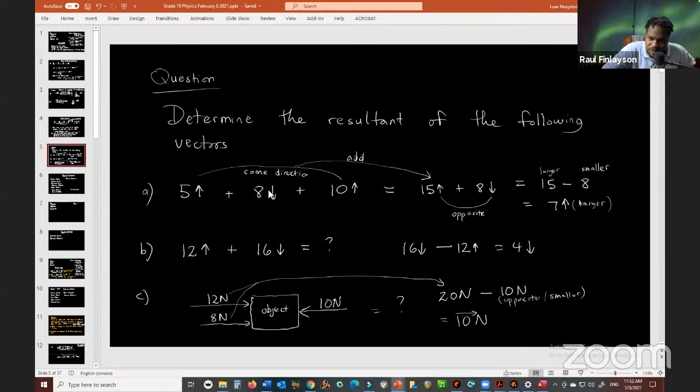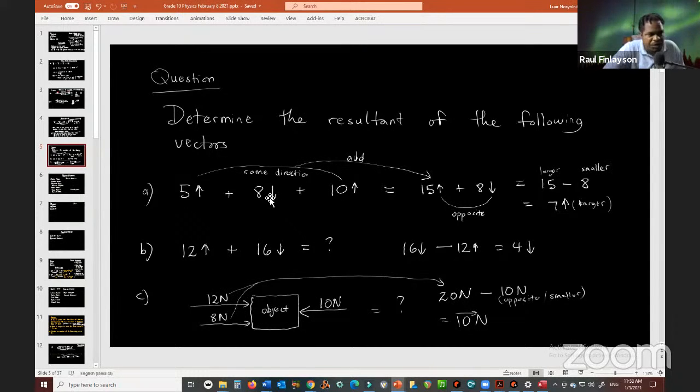I'm adding these vectors, but notice that with anti-parallel vectors, you're going to have at least one vector that is going in the opposite direction to the others. So like this 5 is going up, this 8 is going down, and this 10 is going up. What we do in this case is add the two vectors going in the same direction, and we get 15. Of course the 8 is going in the opposite direction.